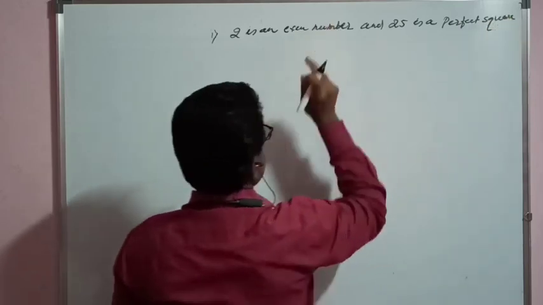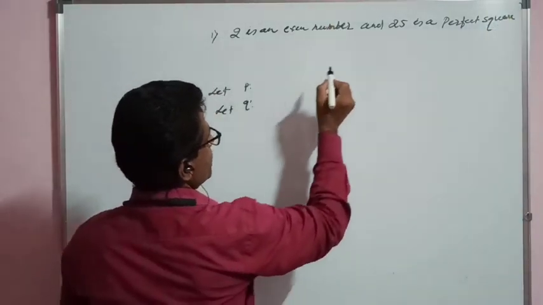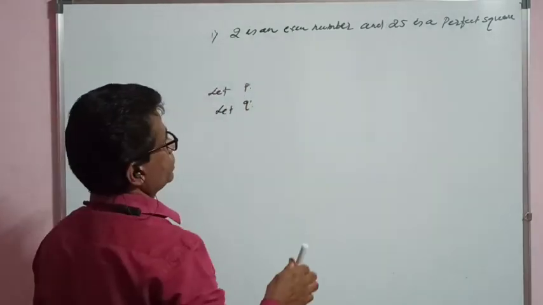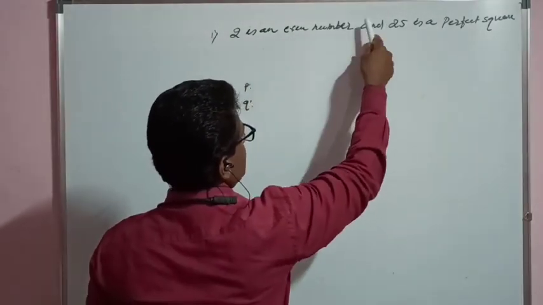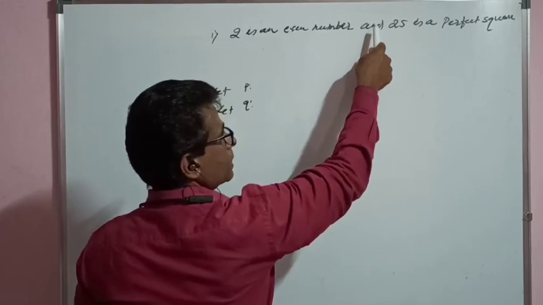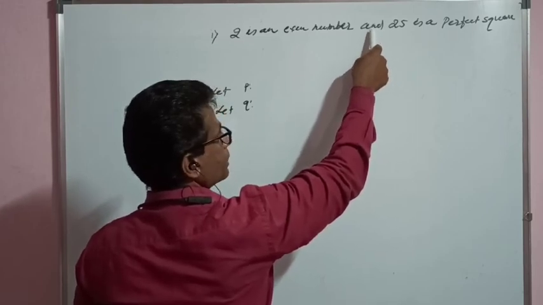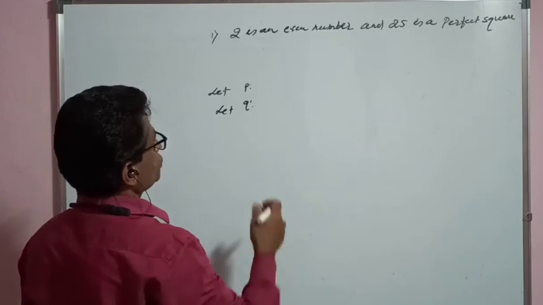Of course it is a compound statement. Why? Because the connective and is used here. So the two statements are combined together by using the connective and, conjunction type. So we have to represent it symbolically.